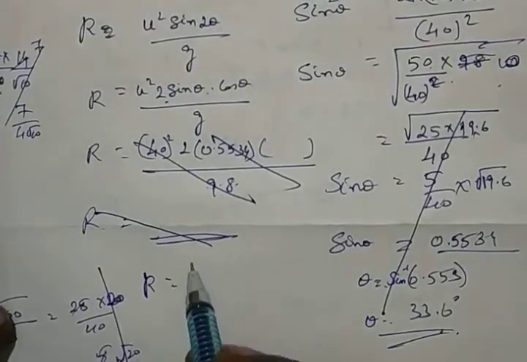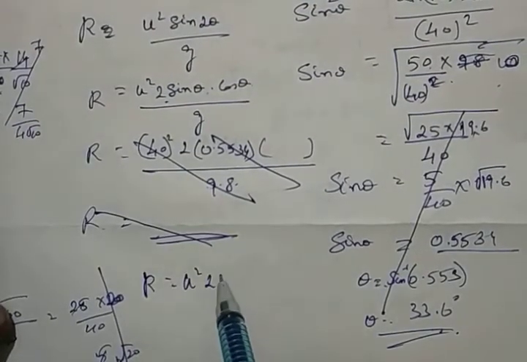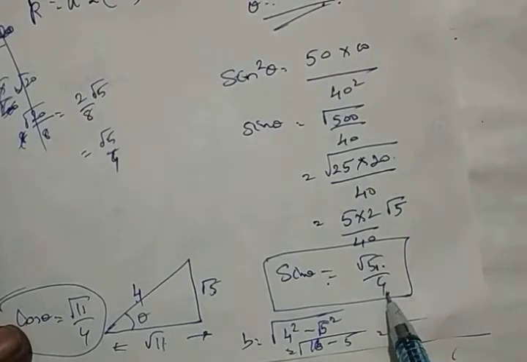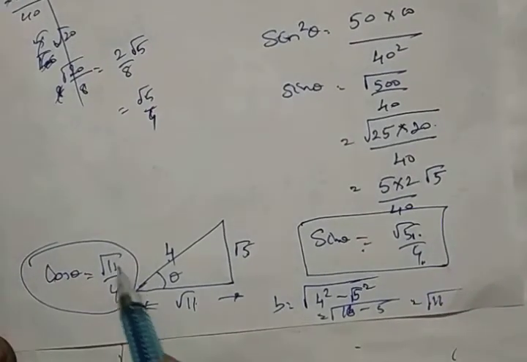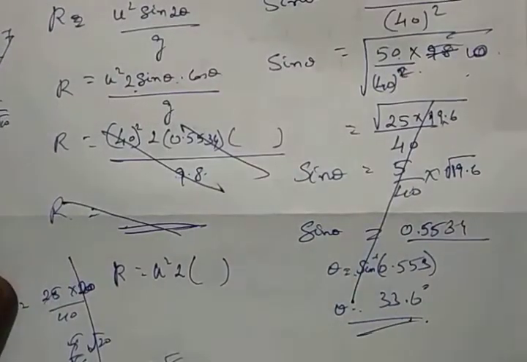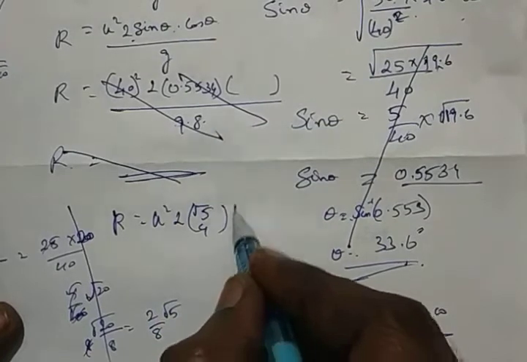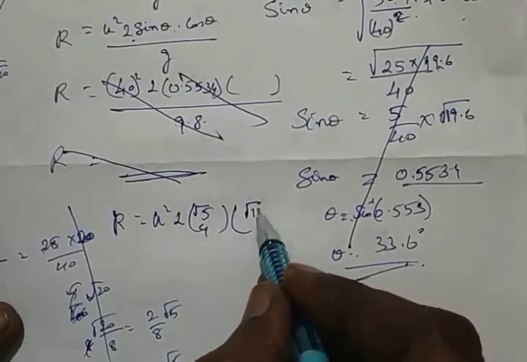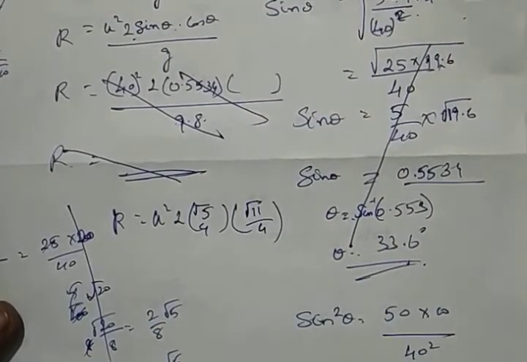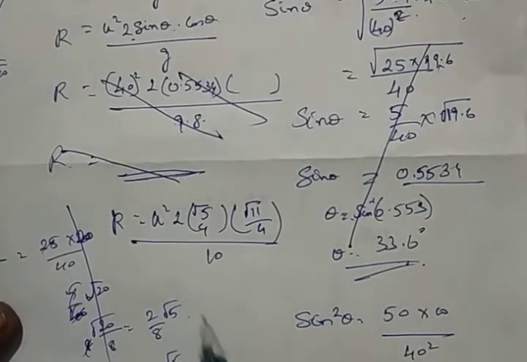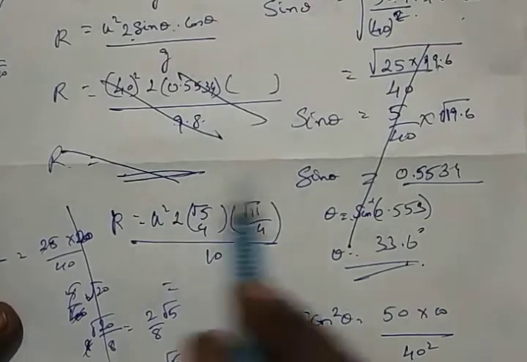So r is going to be equal to u square into 2 into sin theta, which is under root 5 by 4, and cos theta is under root 11 by 4, divided by 10, because we took g as 10. You get an easy answer.